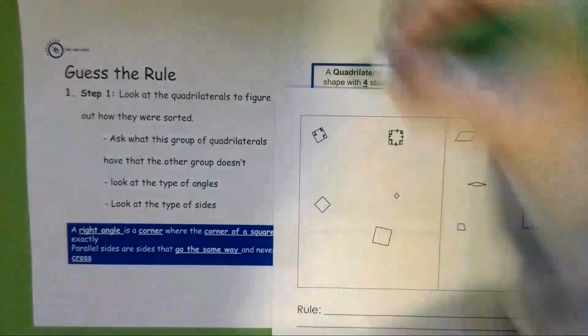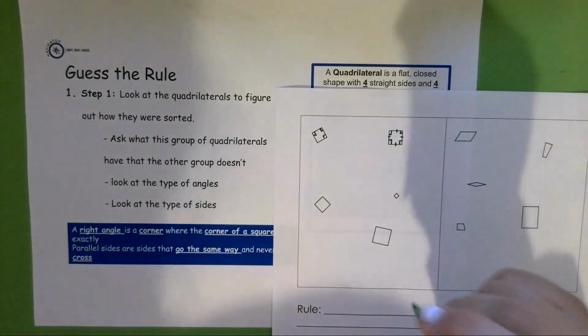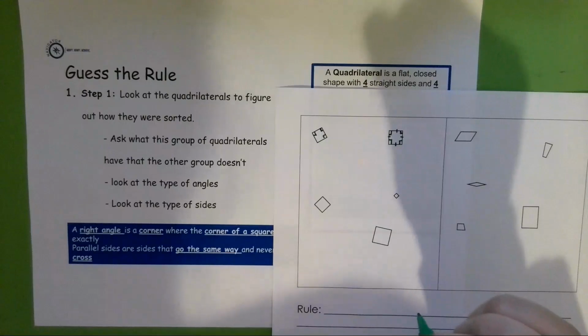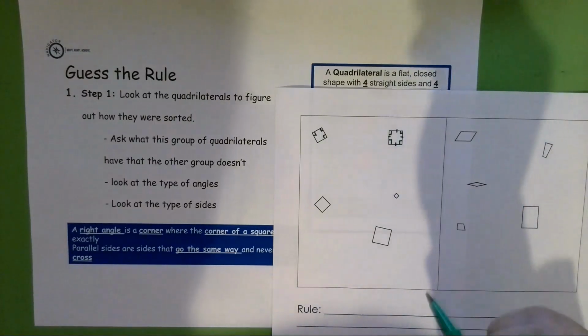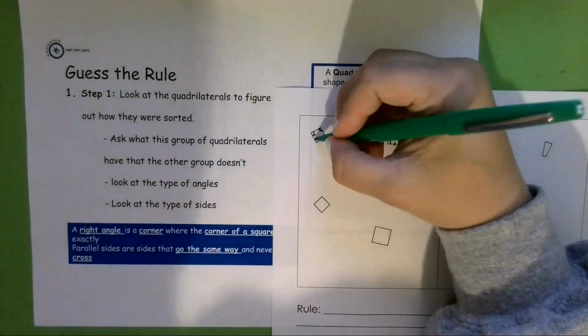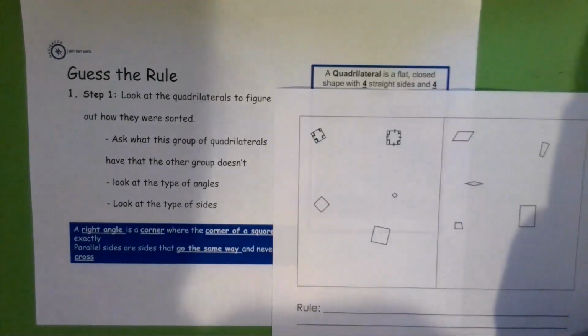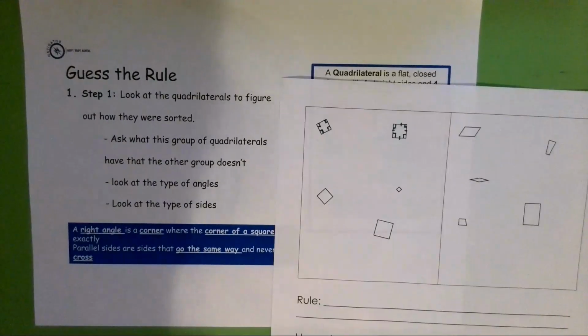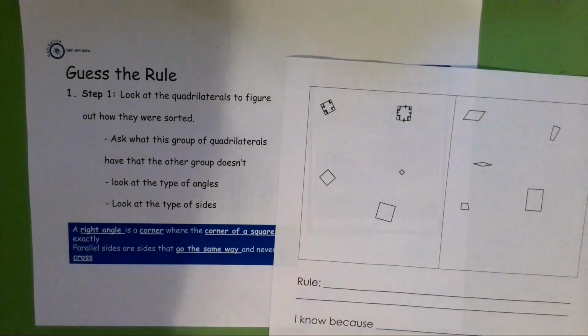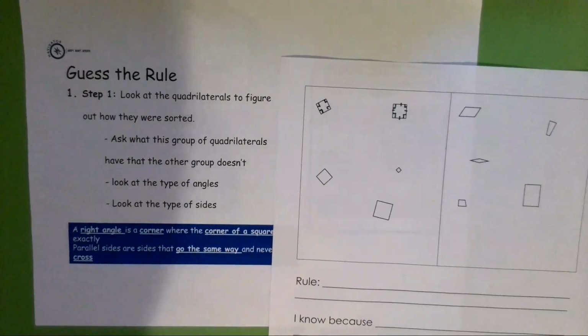So what do you notice about all of these shapes? What do we call these types of quadrilaterals? Say your answer out loud. I bet you said they're all squares. How do you know that they're all squares? Say your answer out loud.